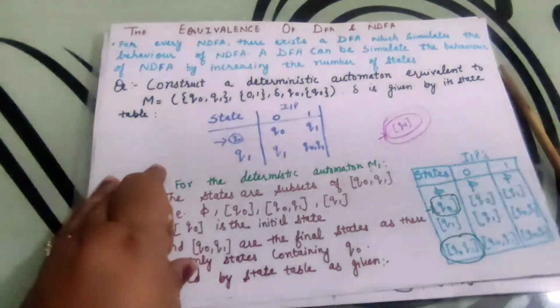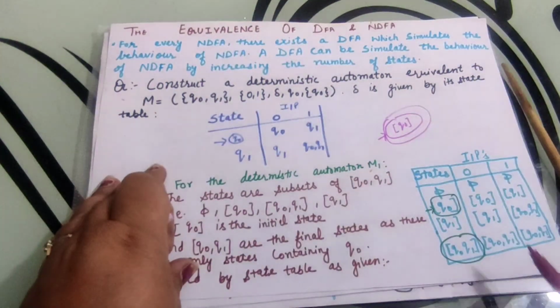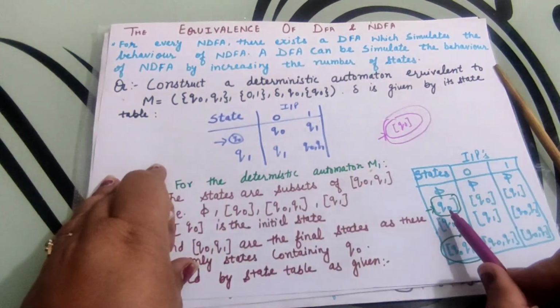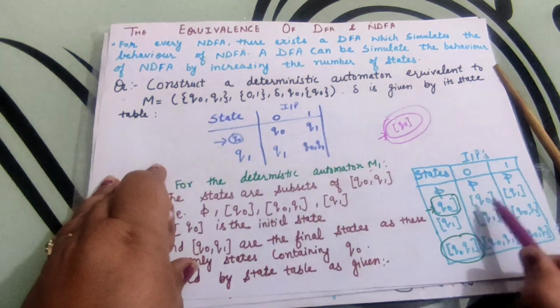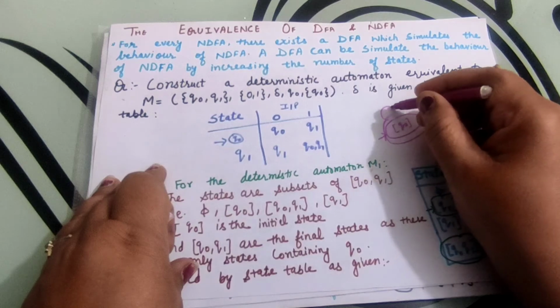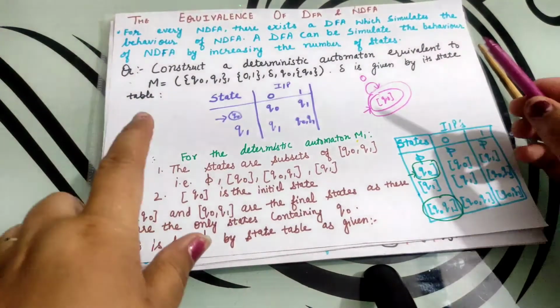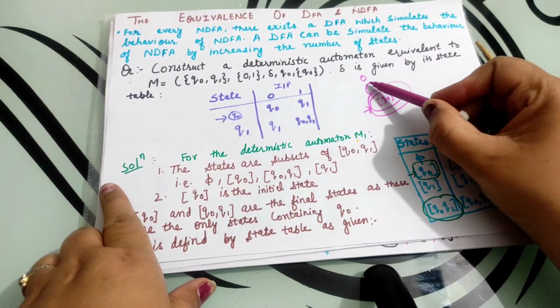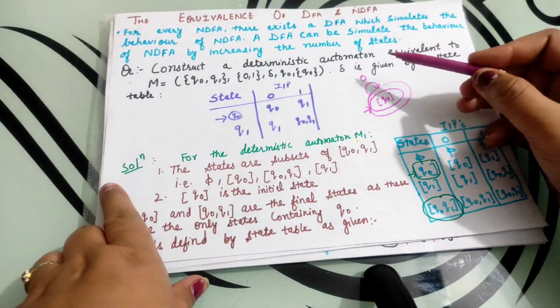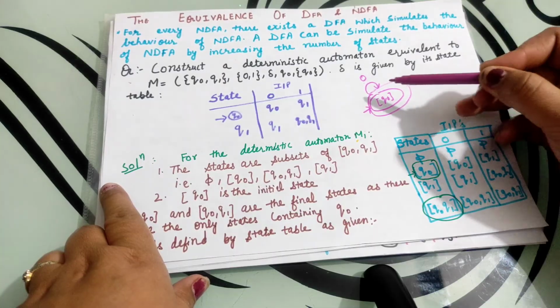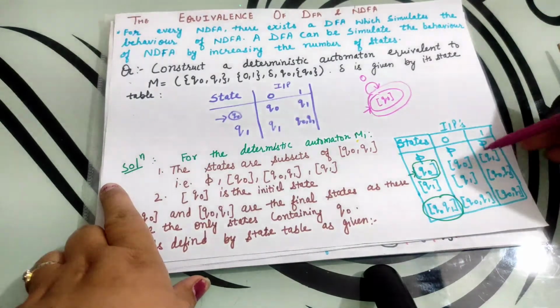This also shows it is the final state. When we provide the zero input at Q0, then Q0 comes to itself. This is shown by this loop. This loop shows that when we provide the zero input at Q0, it comes to itself.